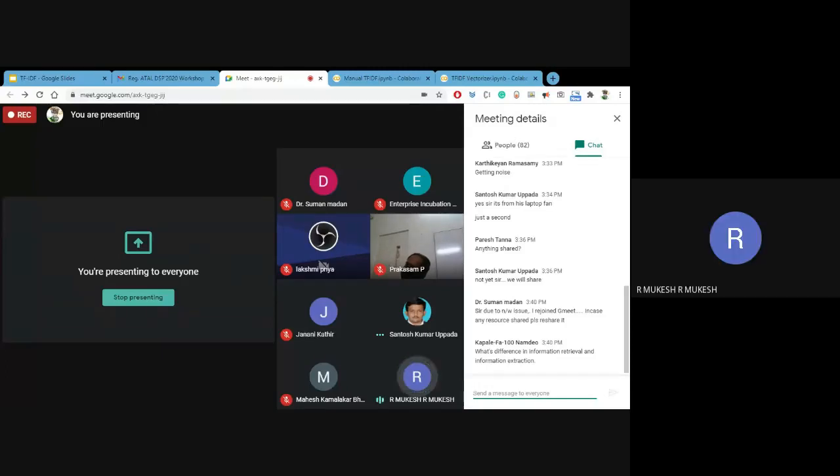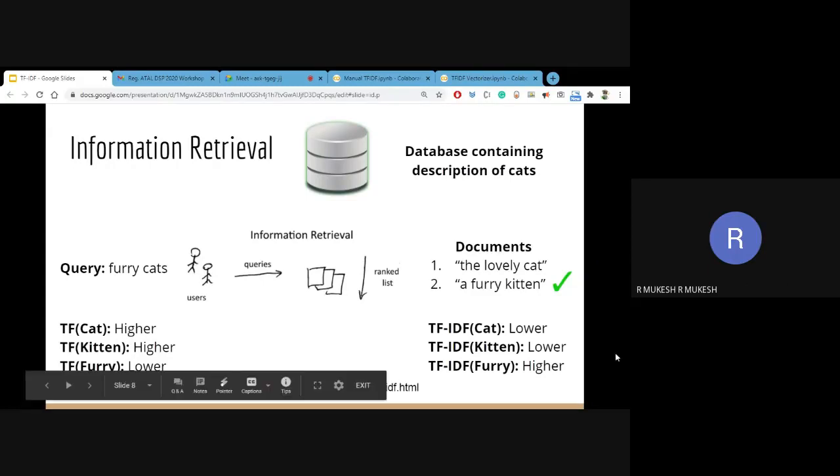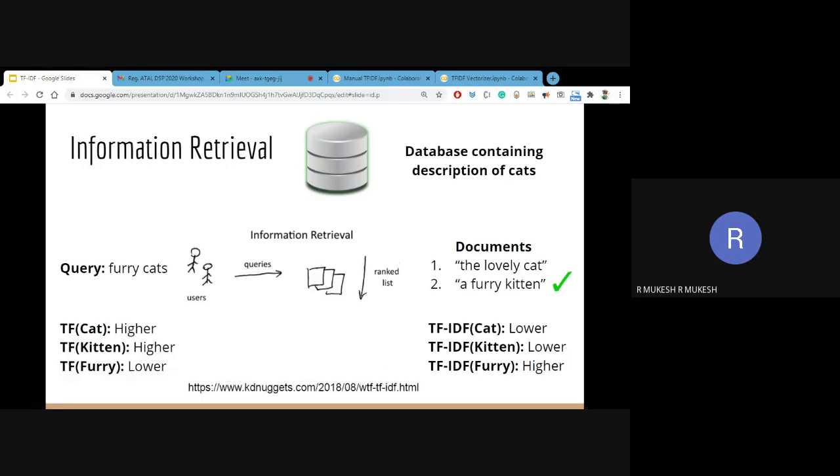So the next topic we have is information extraction. As you said, information extraction means given some unstructured or semi-structured text, you are trying to identify key pieces of information from the text. What are the people being talked about in the text? What are the organizations? What are the dates?